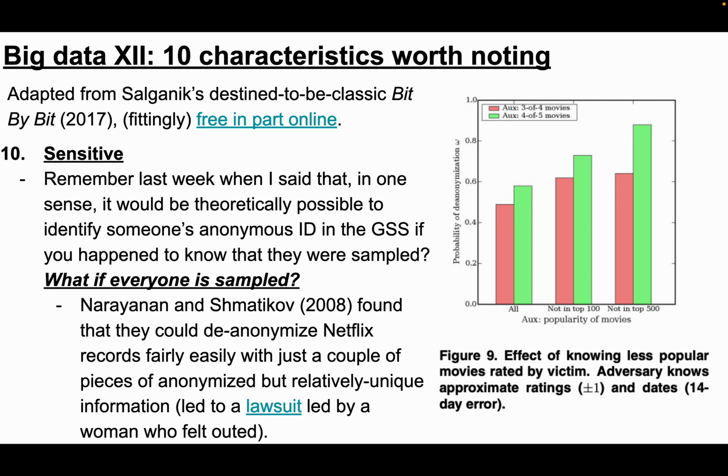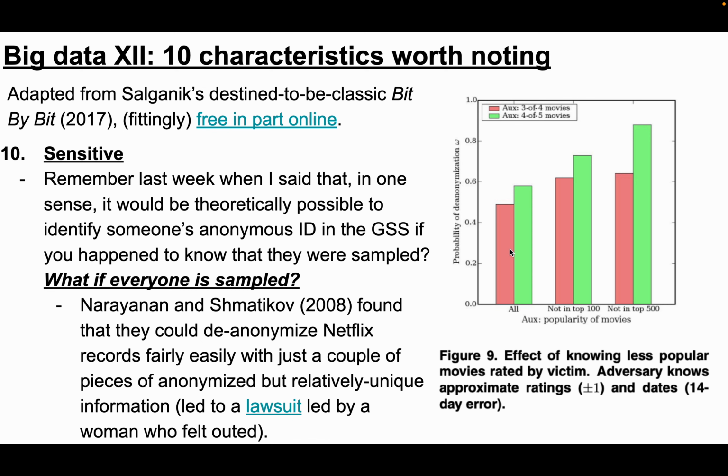So basically, this is a little bit of a technical graph here, but they were able to figure out from people's approximate ratings of movies and the dates when they saw them, on a scale of like 3 out of 4 or 4 out of 5, that's the number of movies.